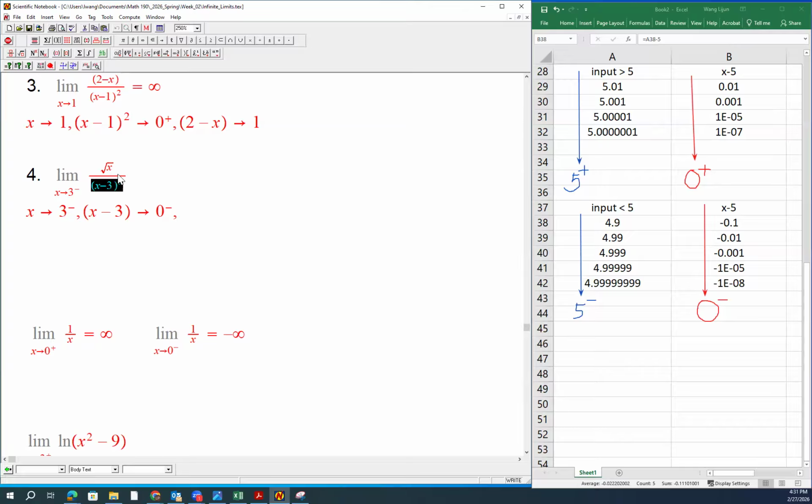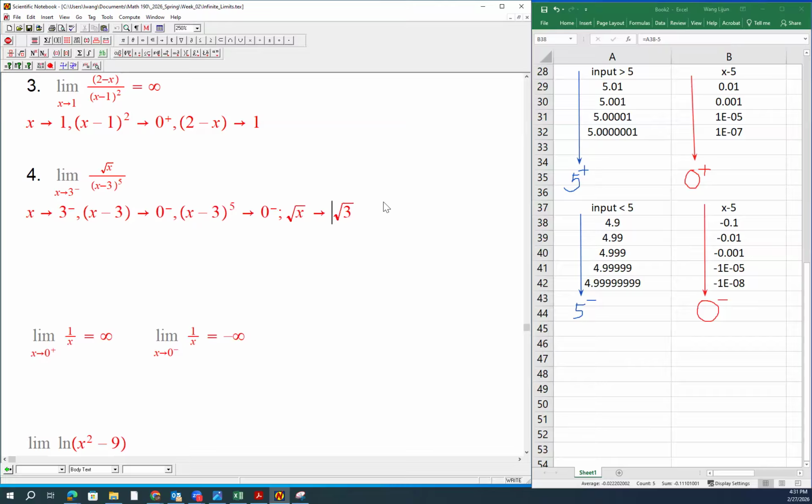And since x minus 3 itself is negative, x minus 3 to the power 5, the negative sign multiplies itself 5 times, is still going to be approaching 0 from smaller than 0. As a result, let's look at what happened to the numerator. The numerator, root x, as x approaches 3 from smaller than 3, is going to approach root 3.